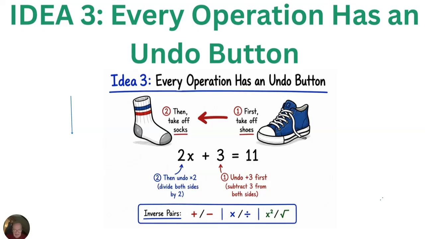And then the last thing you would do is divide by that 2, because that was 2 multiplied by x, so we have to divide by it. And at the bottom we see we have the pairs. They're called inverse pairs because they undo each other. We have the plus and the minus, which is addition and subtraction. We have multiplication and division. They undo each other. And then we have squaring a number versus taking the square root of the number. And this is how we cover the concept of undoing.